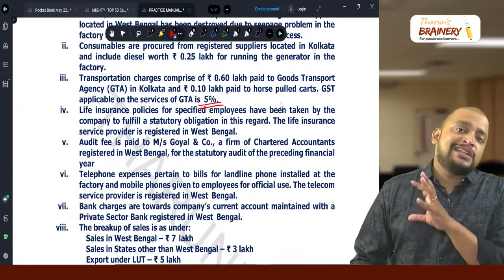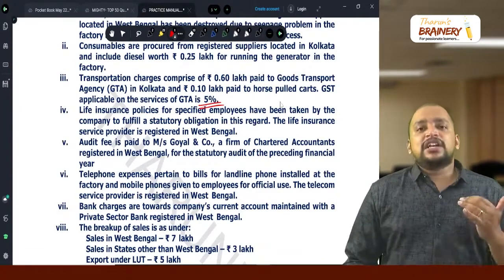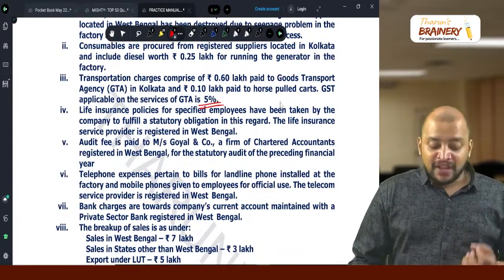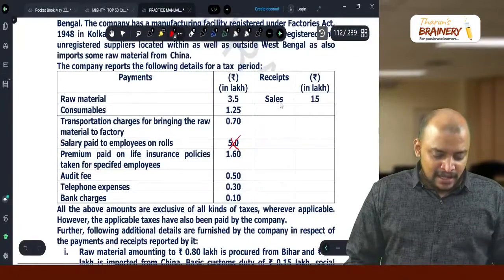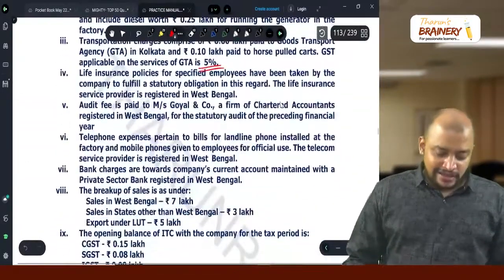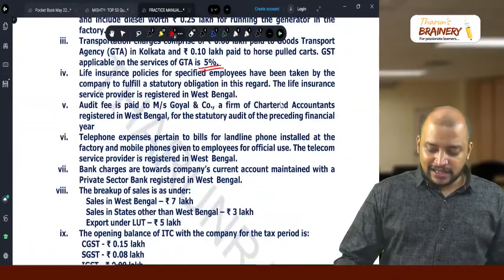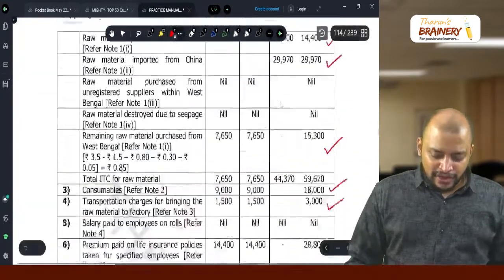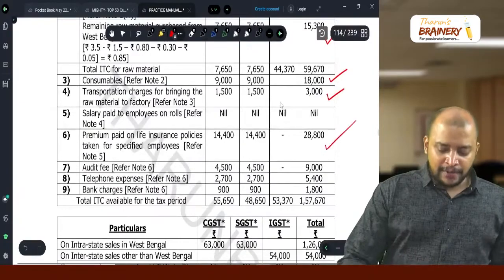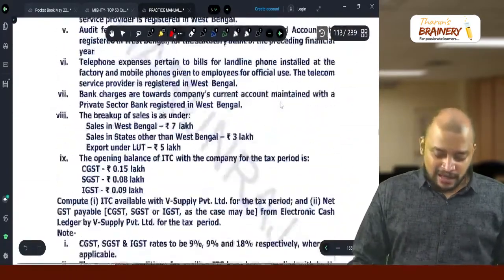General life insurance and health insurance is blocked credit. But if it is under a statutory obligation, we can take the credit. So what is the life insurance here? The life insurance is 1.6. So 1,60,000 into again 9%, 14,400, 14,400 CGST, SGST paid.